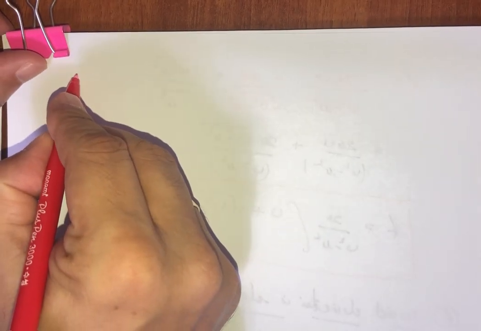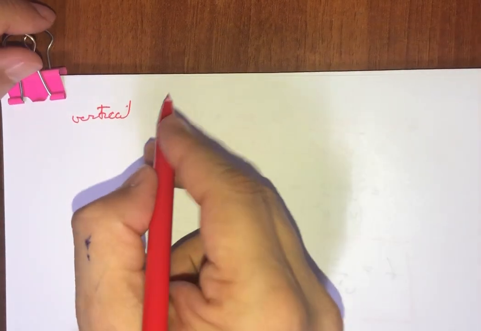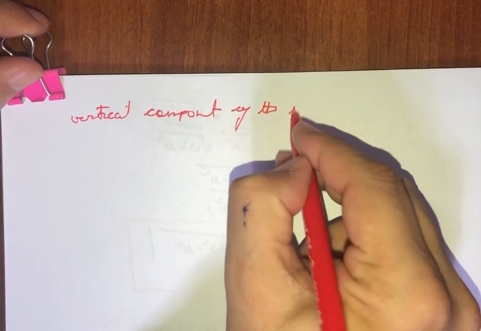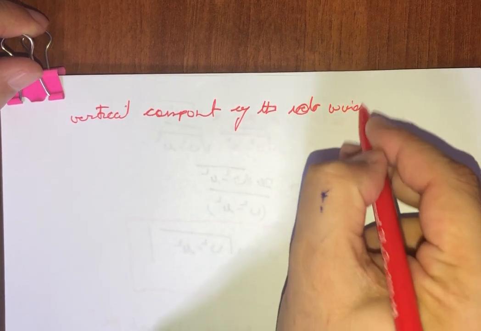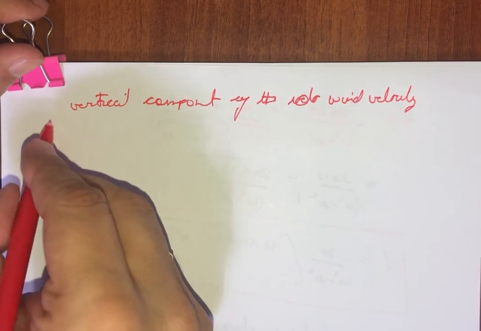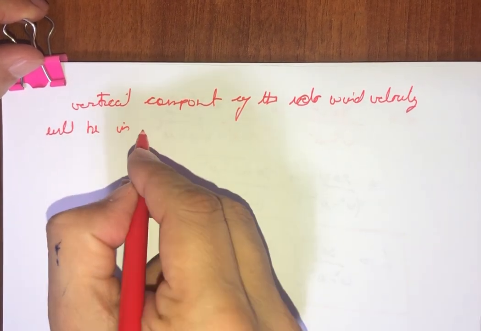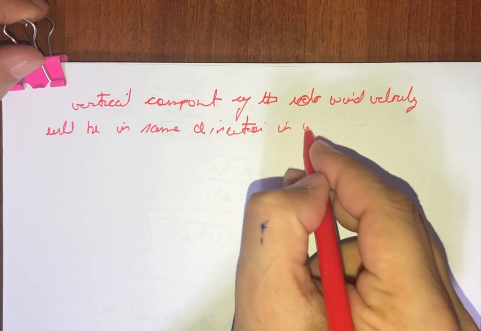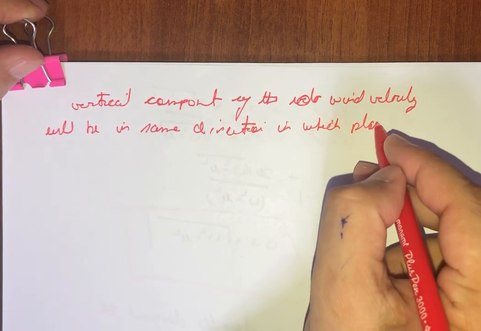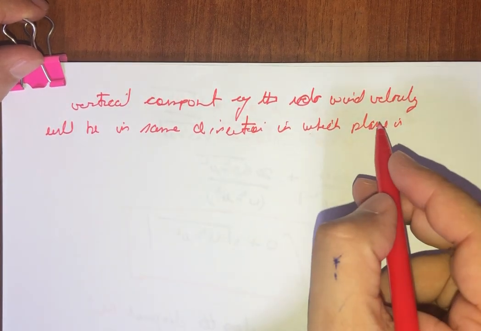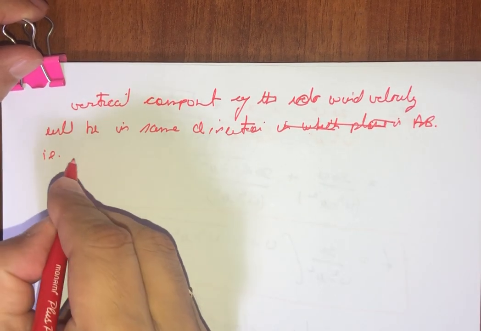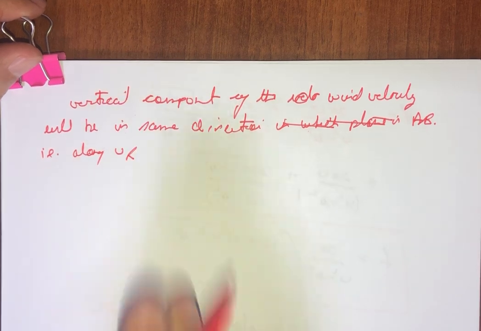Next, the vertical component of the wind velocity will be in the same direction in which the plane is flying, same direction AB, that is along VR.